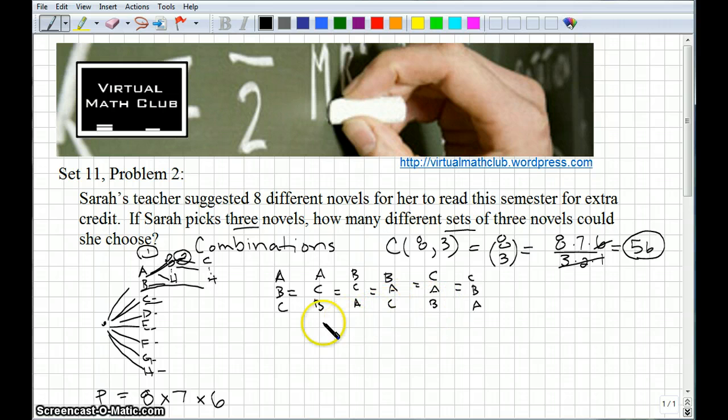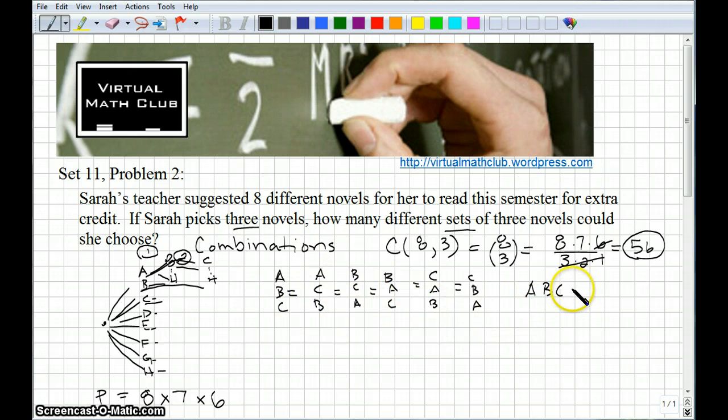So we've overcounted when we've done a permutation, and the question then is, how much have we overcounted by? You can see that for any 3 novels she chooses, for example A, B, C as her set of novels, she's going to have 6 ways to arrange those novels.